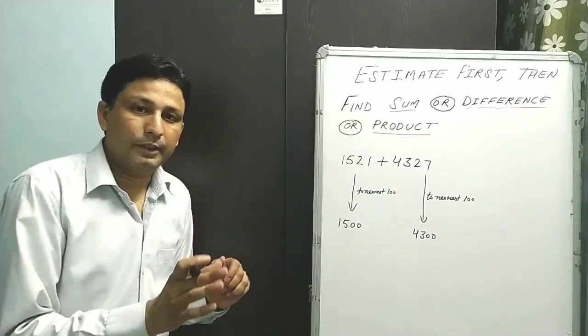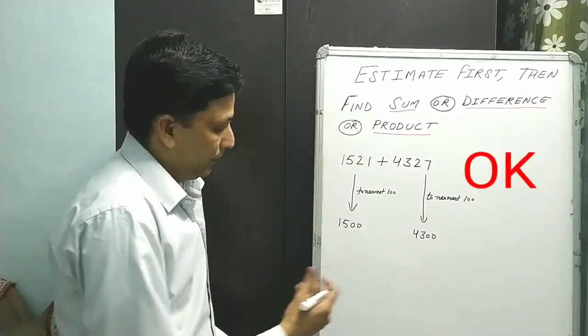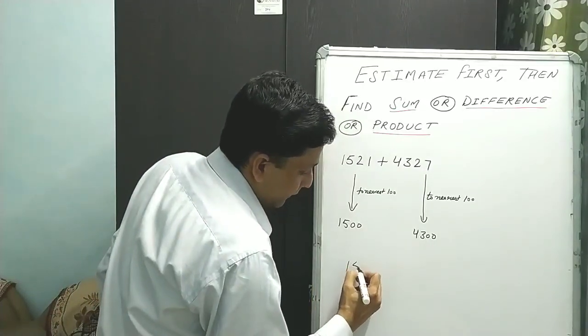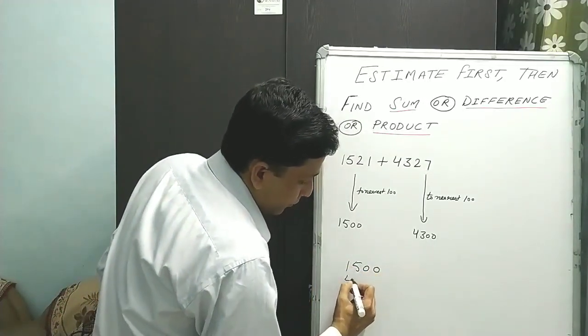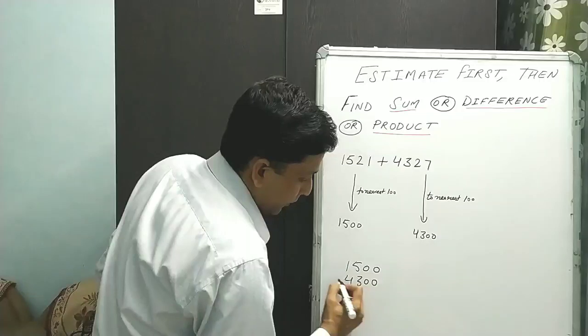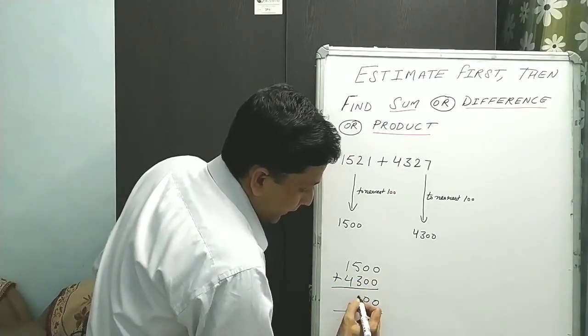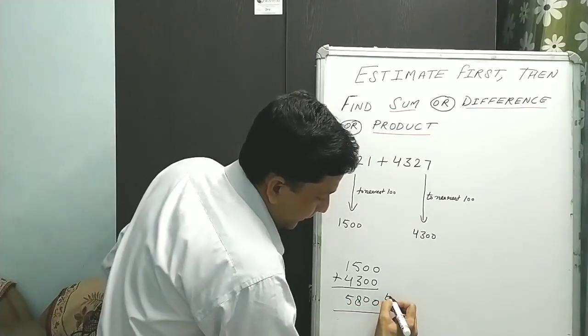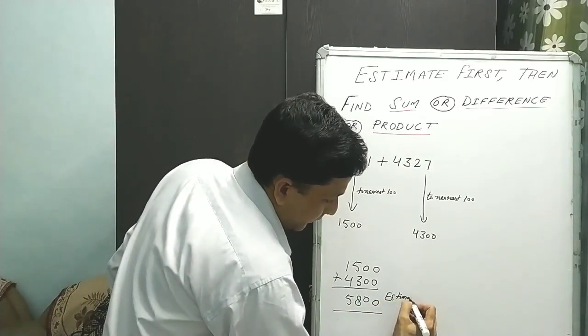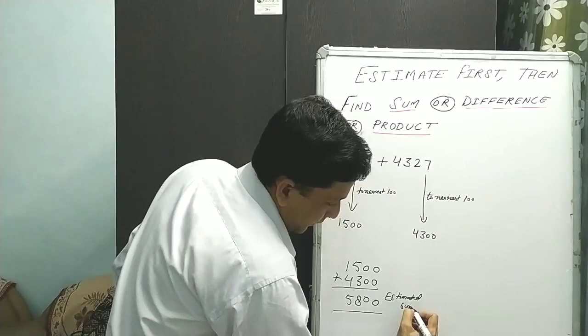After converting, we add these two integers, 1500 and 4300, and after adding we will get 5800. This is the estimated sum.